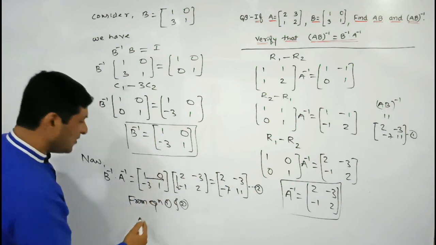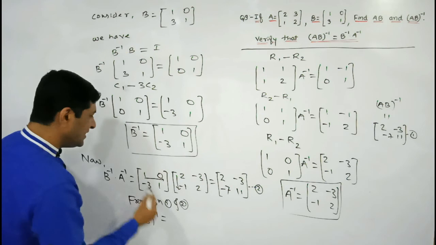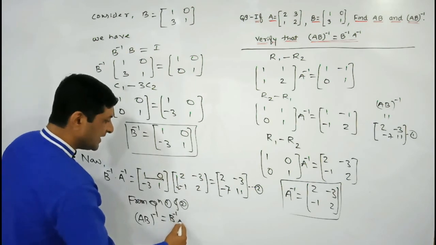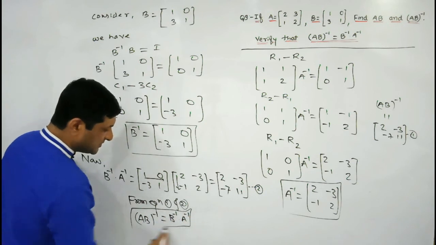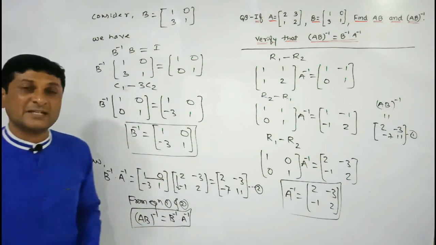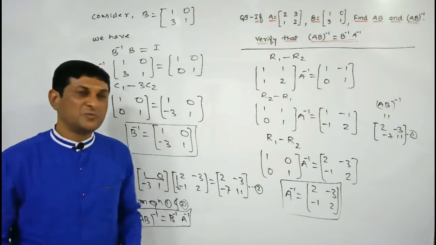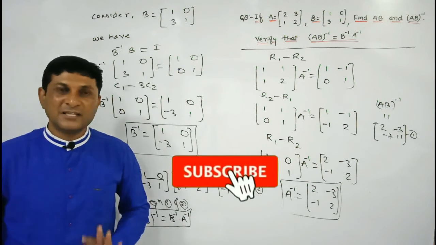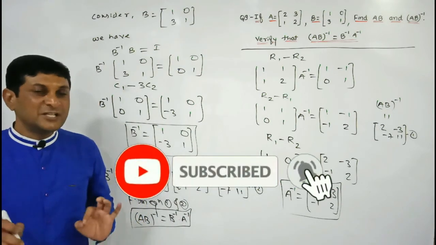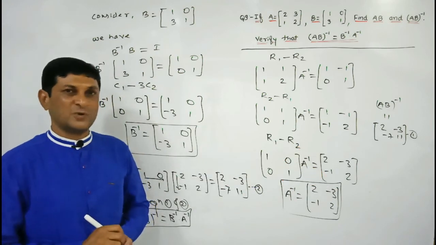The inverse of AB will be equal to B inverse into A inverse, and this important result is called the reversal law of inverse of a matrix. So in this way we have proved one very important property by considering two given matrices, and this property can be useful while solving objective type questions also.